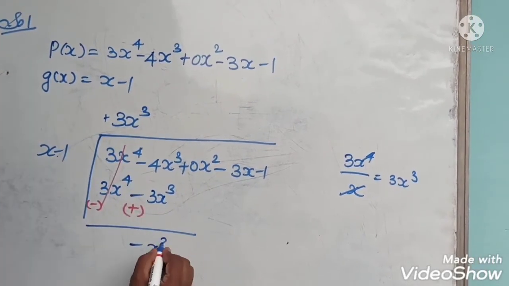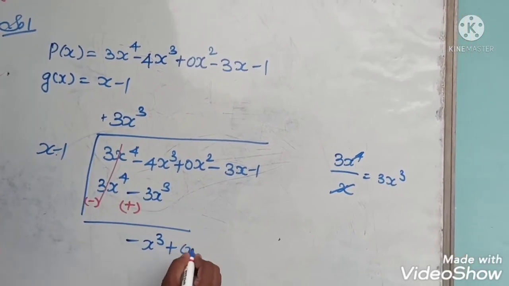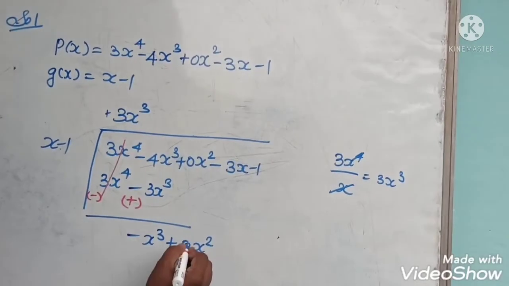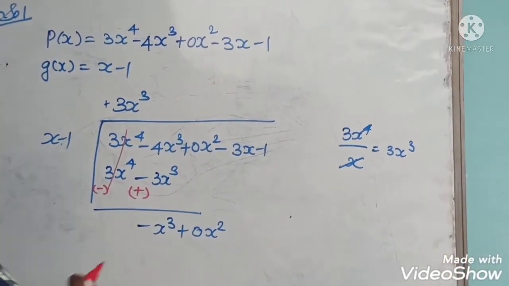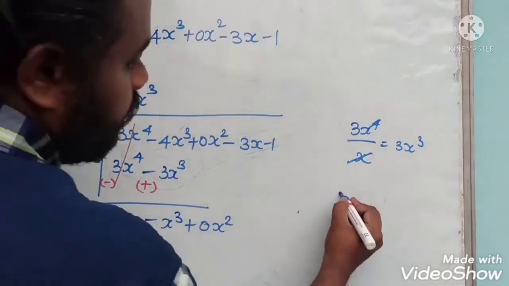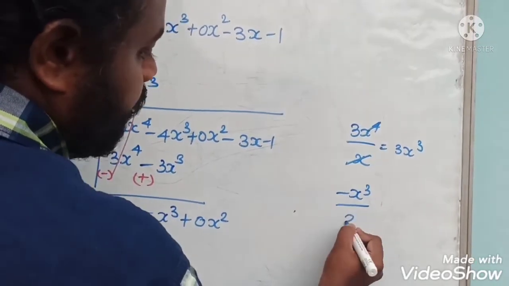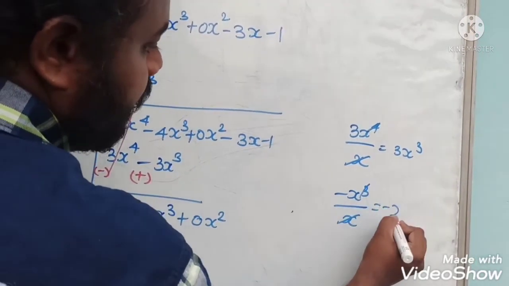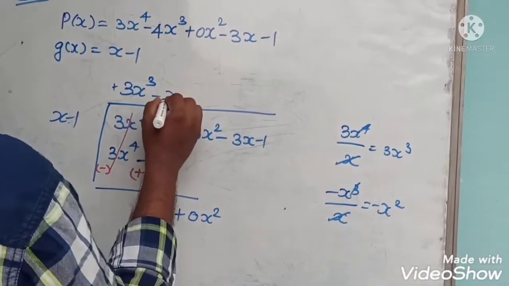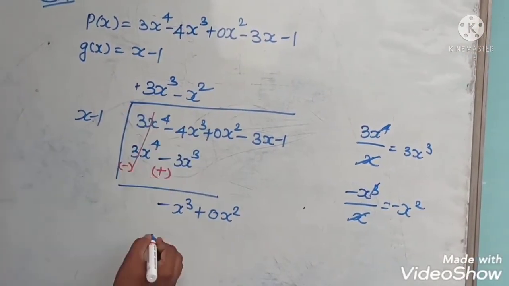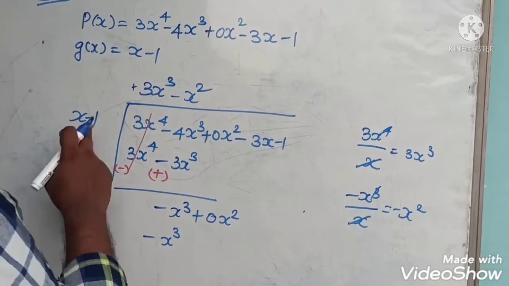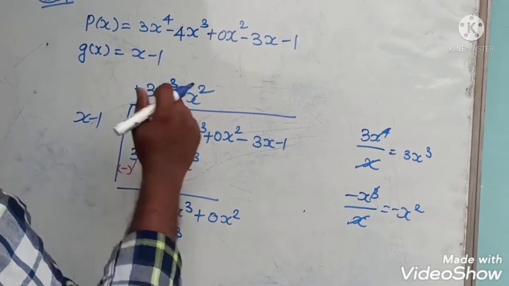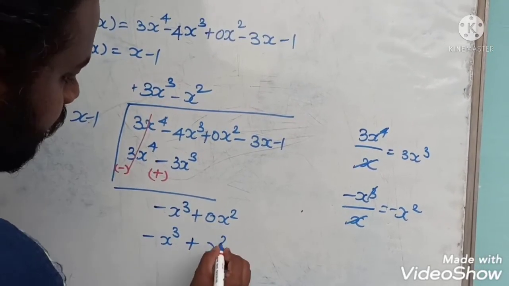So we take x cube plus 0x square. Because of that, we compare minus x cube divided by x. It will cancel. We get minus x square. So plus into minus, minus x cube. Here, minus into minus, plus x square.